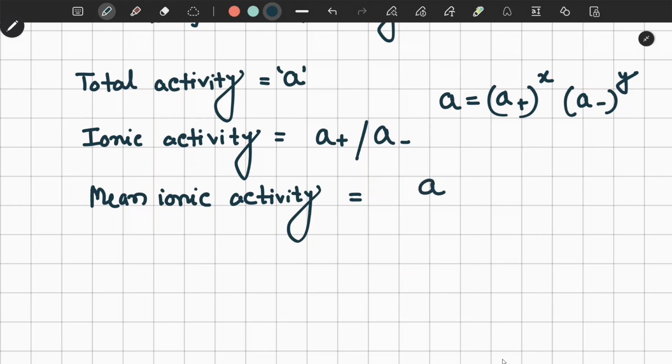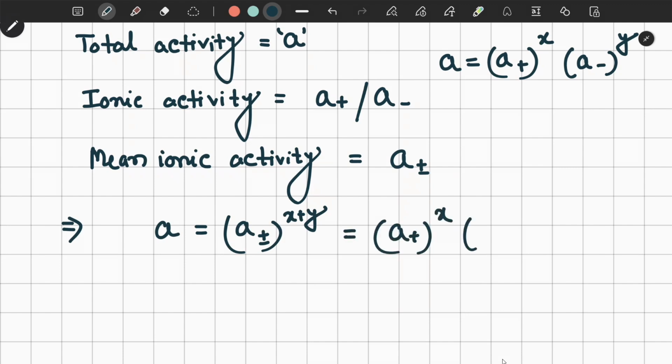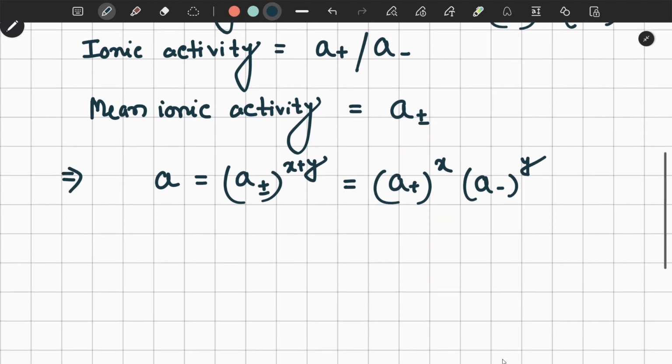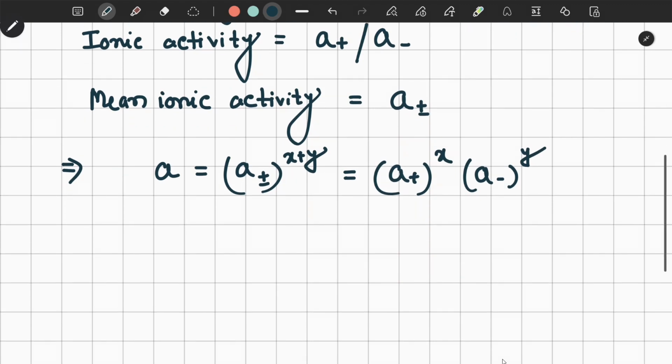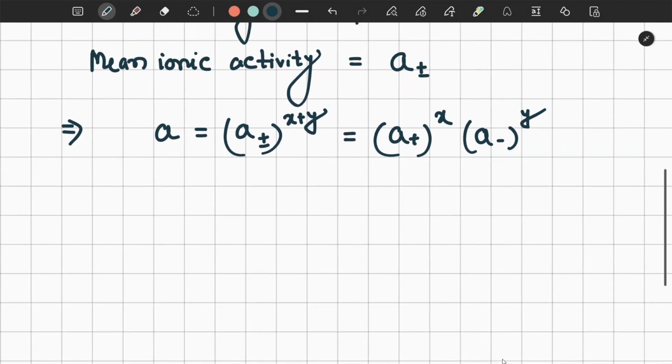Let's say this mean ionic activity is A plus minus in general. We are considering the mean value. So from here you can write total activity should be mean ionic activity to the power of the total number of ions. This is the first relation, so let me box it.